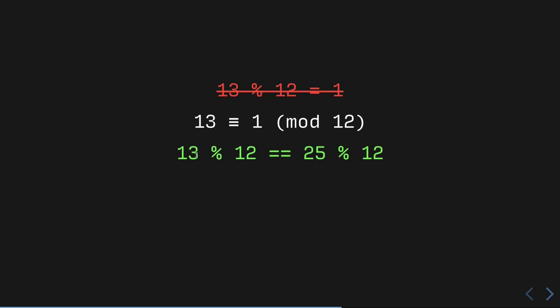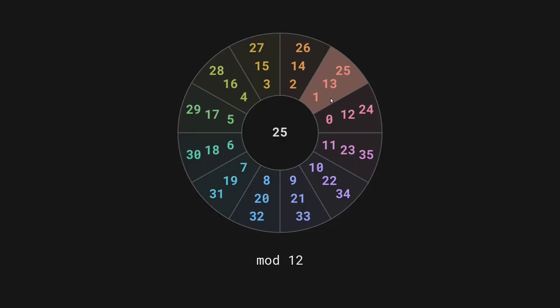But really, what we are trying to say is that two numbers a and b are equivalent if in programming the remainder is the same. So 13 mod 12 the remainder is 1, 25 mod 12 the remainder is 1. So 13 and 25 are equivalent in mod 12, and that means that they are in the same spoke of this wheel.